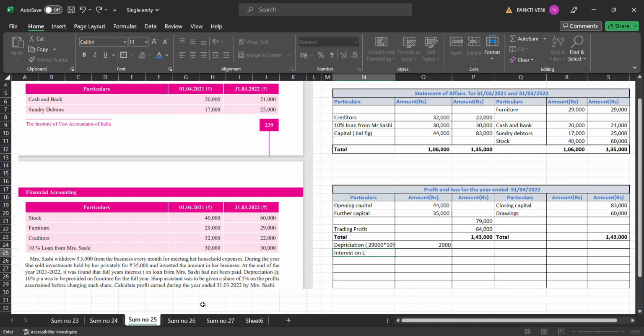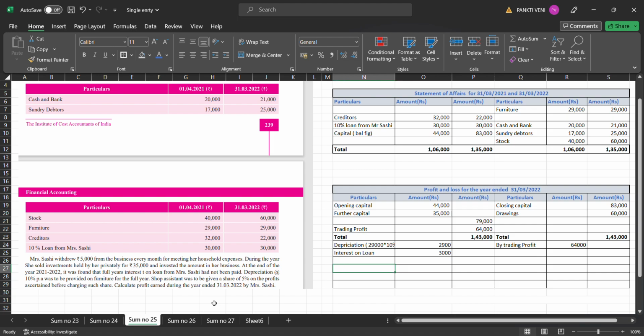Then you have interest on loan. What is the loan amount? Loan amount is 30,000, with 10% interest. See here, second last line in the question. So 30,000 into 10% is 3,000. Now I'll bring down my trading profit, 64,000.